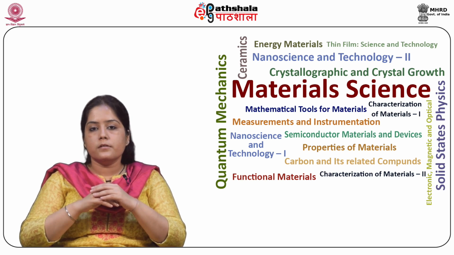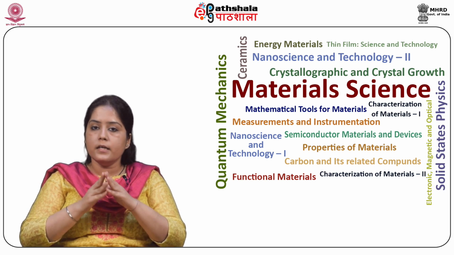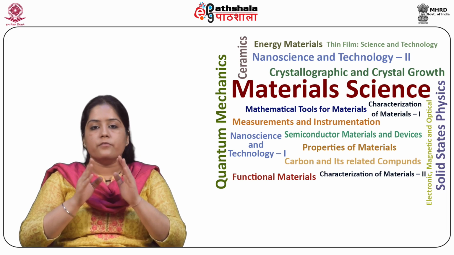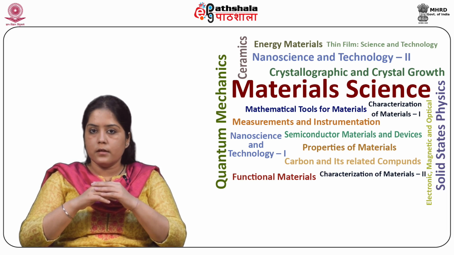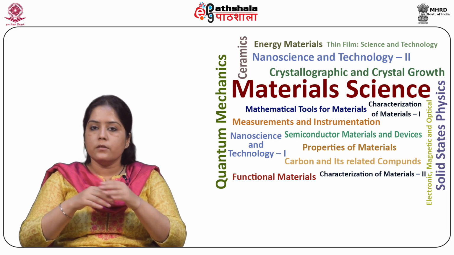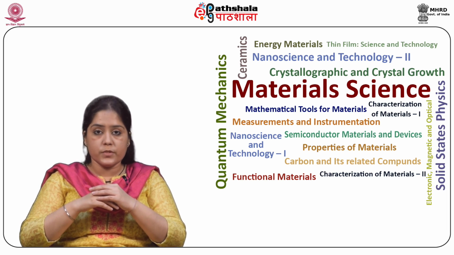Typical separators for RFB are the IEM, which are fabricated from polymeric materials with a pore diameter of around 20 angstrom.